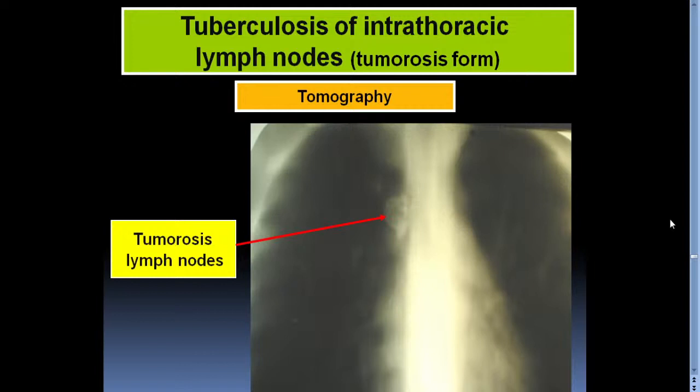Here on this tomography we can see tumorosis lymph nodes also, and the lymph node is not homogeneous, with dots, with islands of petrification.